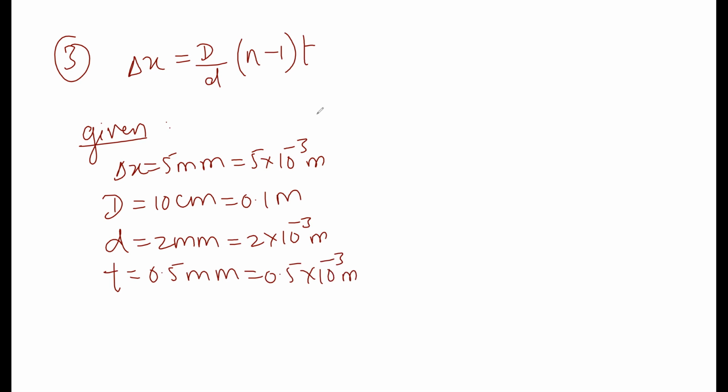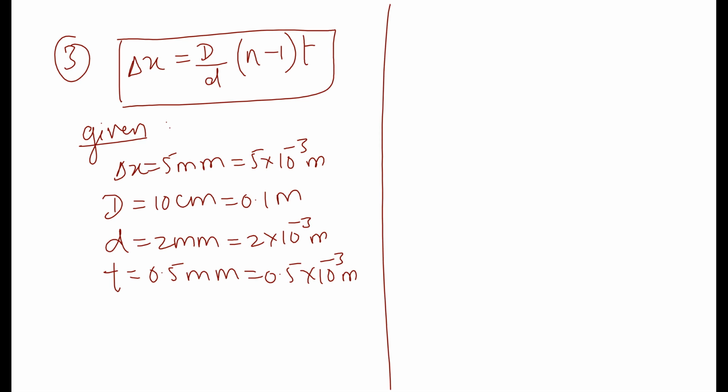Then if you substitute all these values in this formula, what does it become? So let us consider that formula again. Delta x is equal to capital D divided by small d in the bracket n minus 1 into t value.